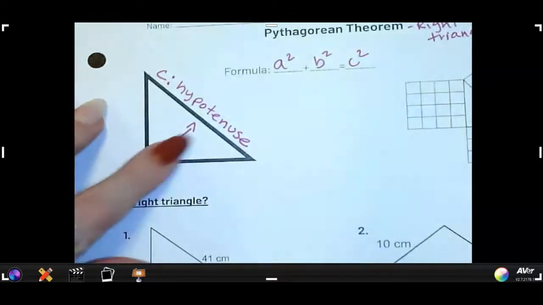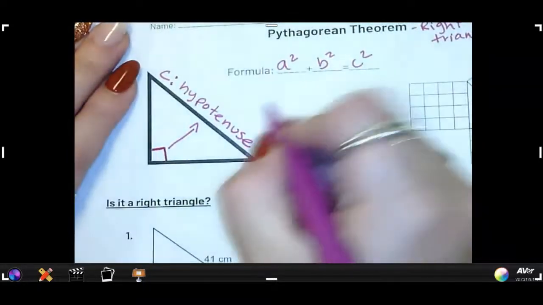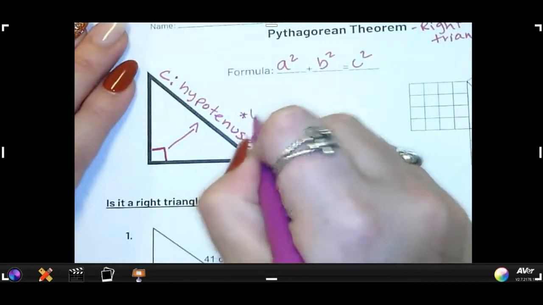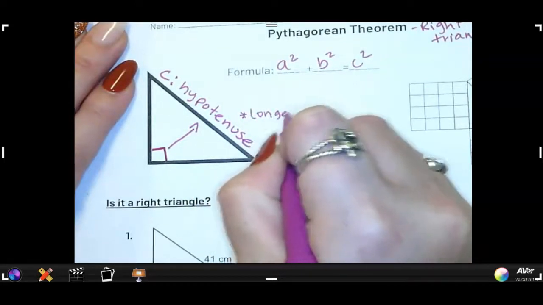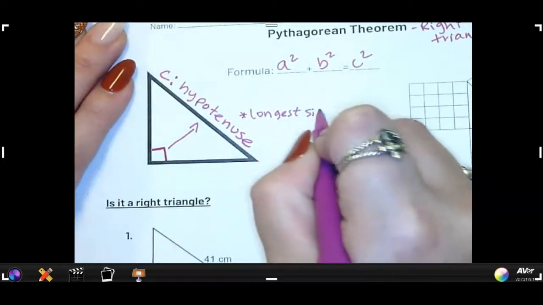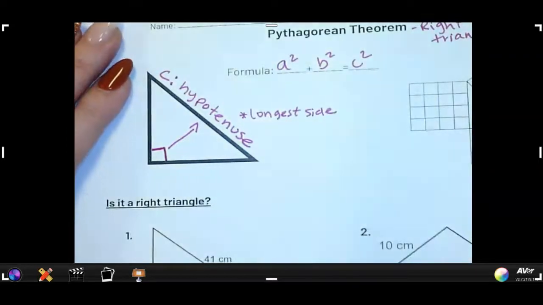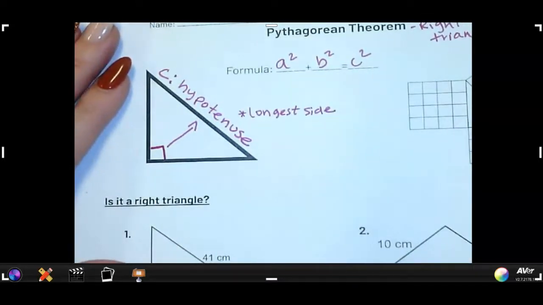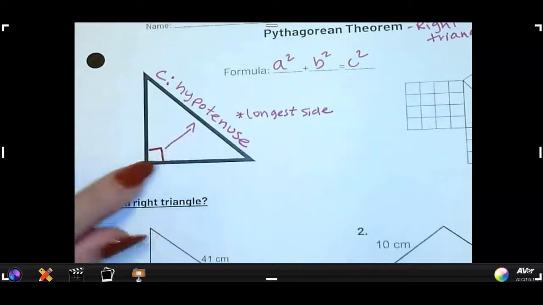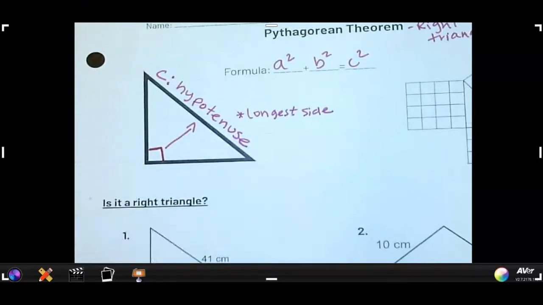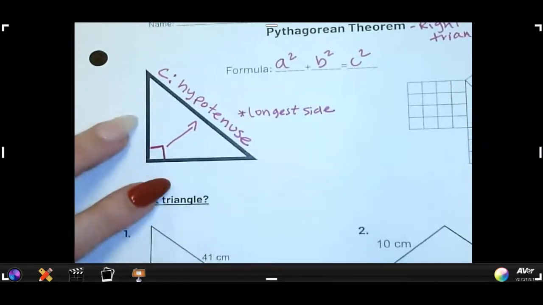He is directly across from the right angle, and it is also important to note that C is always going to be the longest side of the triangle. Whenever you're looking for C, C is directly across from a right angle, and he's always going to be the longest side. Okay, then the other two sides of the triangle are A and B. It does not matter.